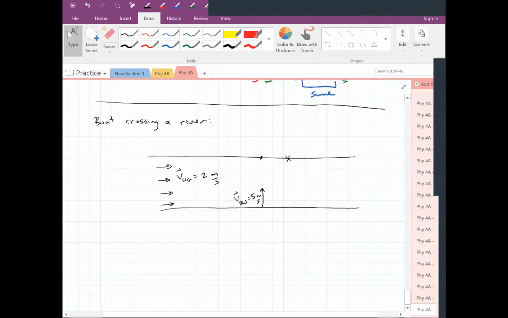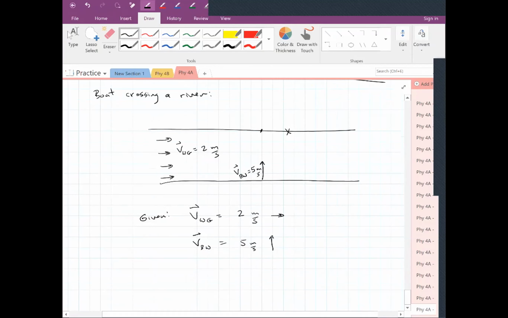Okay, so what are we going to do? We want to know the velocity of the boat with respect to the ground. Okay.